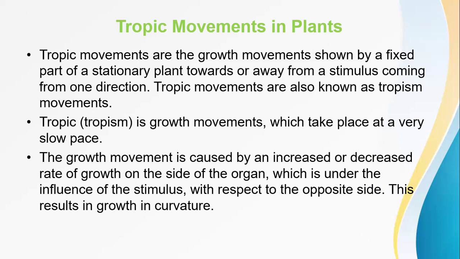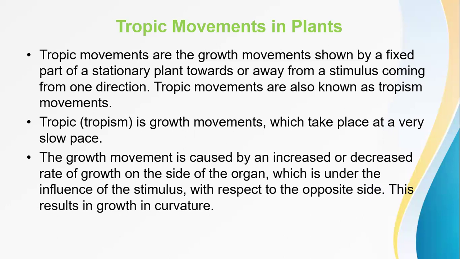So that stimulus that is coming from that one direction will make the plant go towards it or away from it. It depends on which kind of stimulus it is.